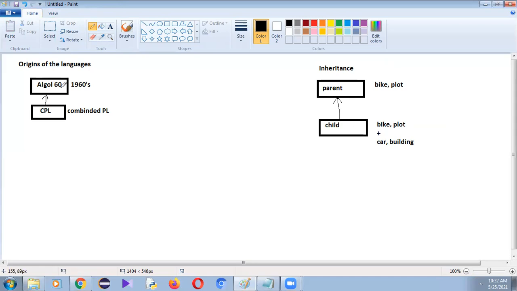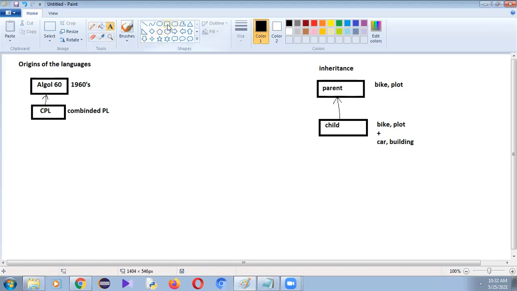Even now, if we want to invent any programming language, we have to see that our programming language should contain all the features of already existing programming languages and some other features. Then only the developers or the users use our programming language to develop applications.